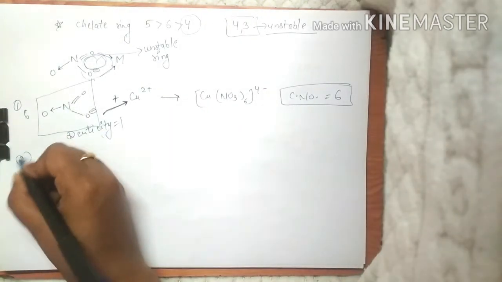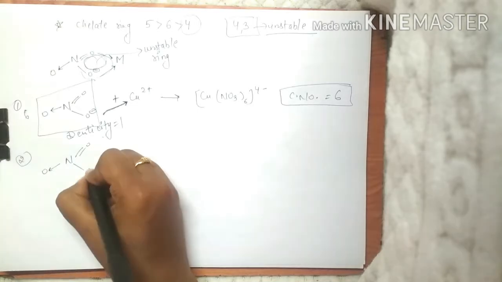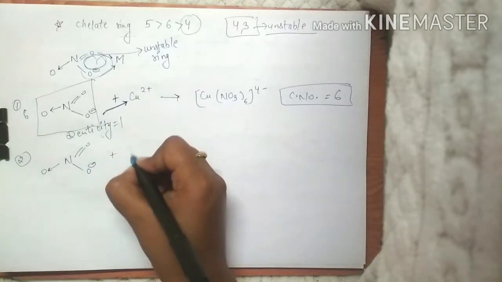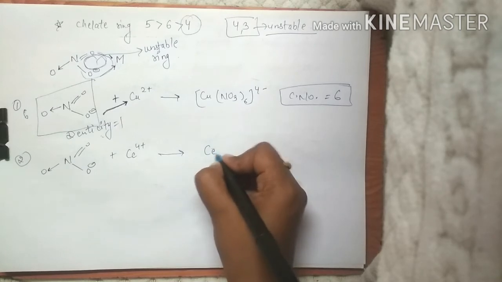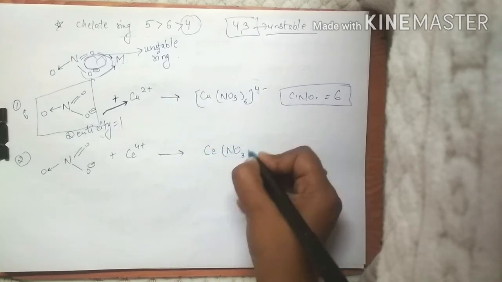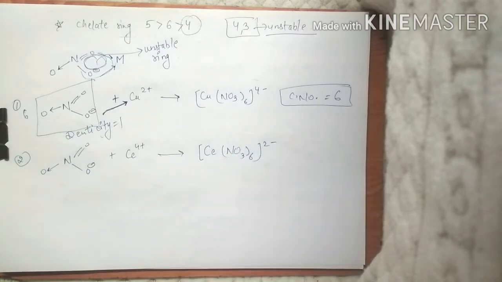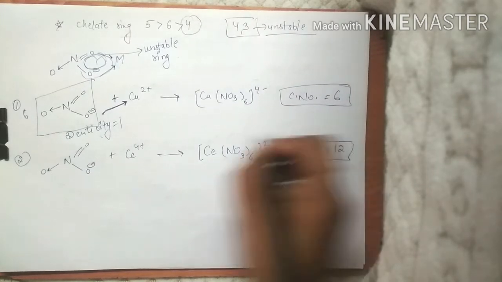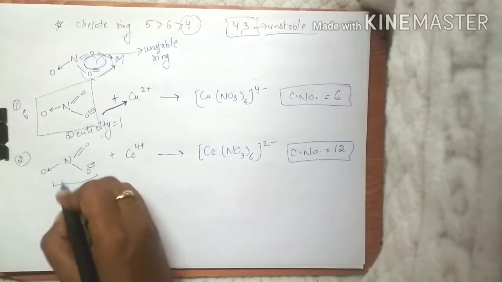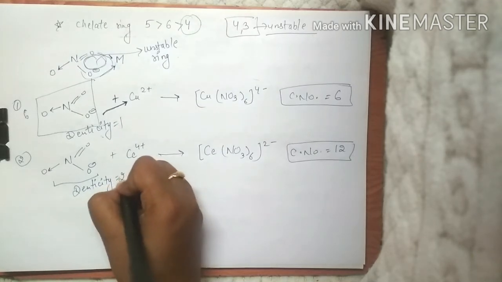In the second case, again the same ligand, NO3 negative, along with cerium 4 positive. It is also going to form a complex like this, [Ce(NO3)6]2−, right? But here the coordination number of this complex is found to be 12, because here this ligand shows a denticity value equal to 2.